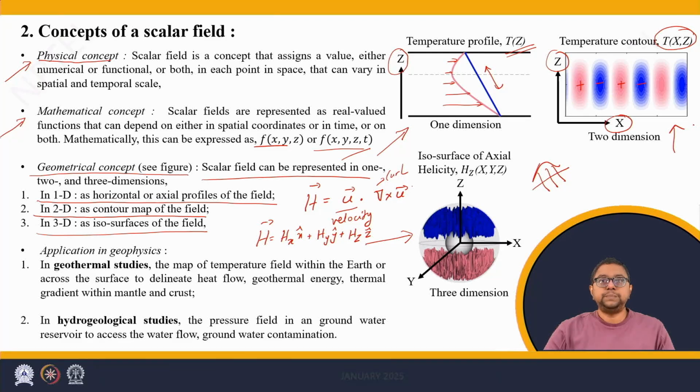Have a look at this picture. This represents a three-dimensional figure with all the axes x, y and z shown clearly. The positive and negative values of the axial helicity are shown in different colors.